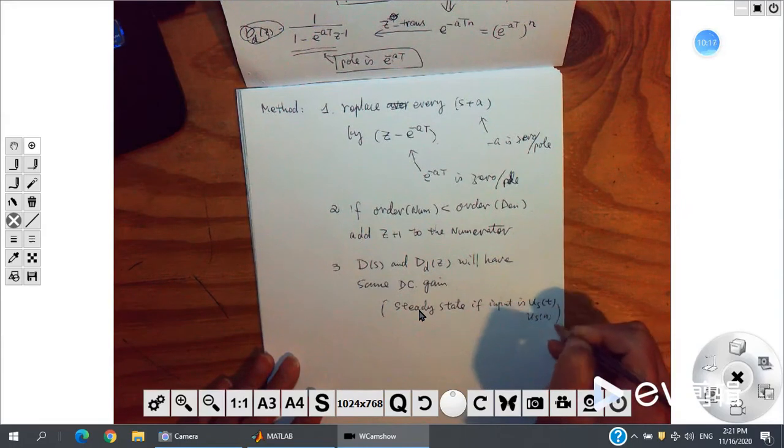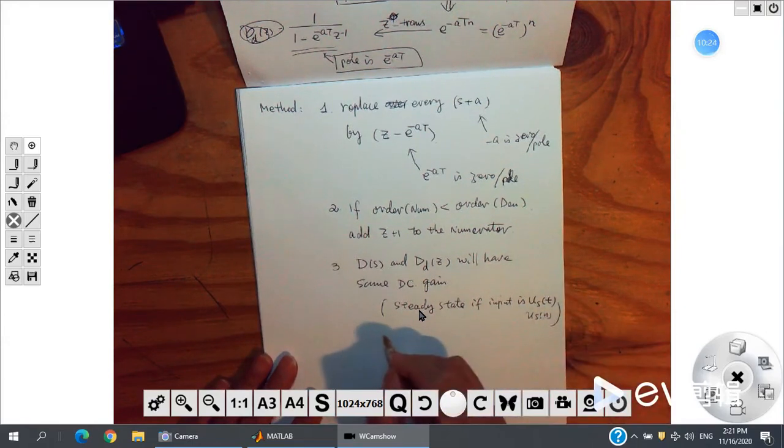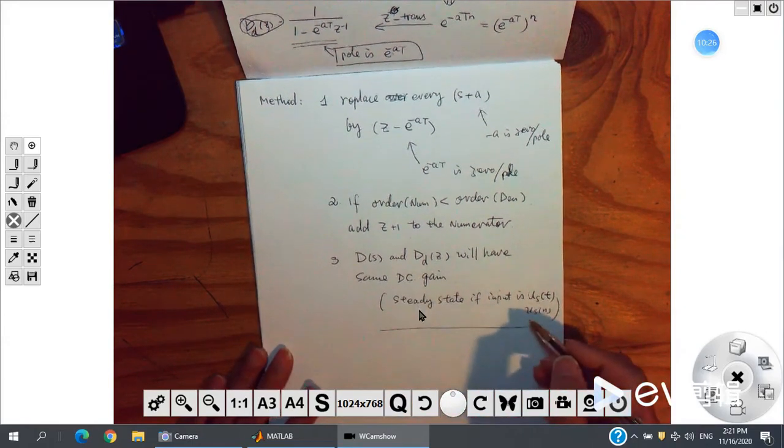For the continuous case, you can use any t. For the discrete time case, the time must be integers. The steady state. This one, okay.